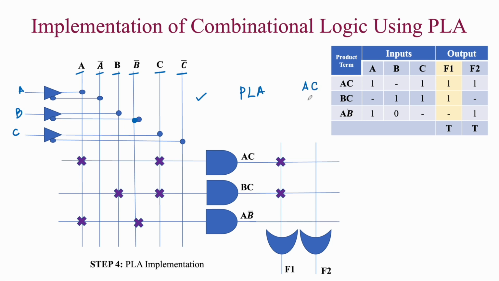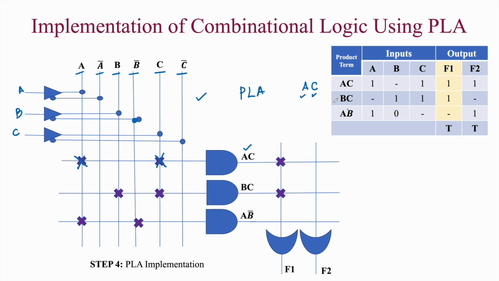We have AC. So we have A, let us mark it with a cross mark. And we have another term called C, so in the same wire C, we put a cross mark. Therefore, there is a connection established at A and C, and this gate will give the product term AC.